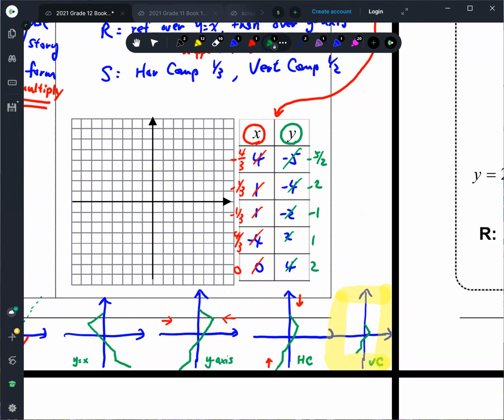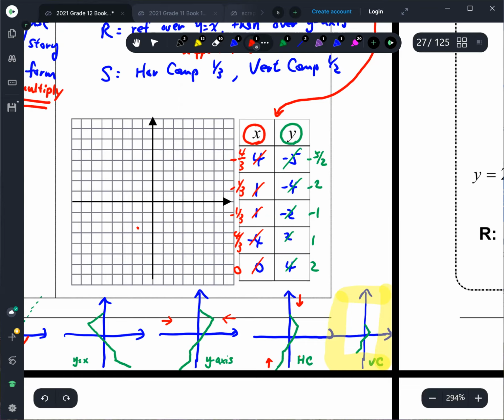All right, so please raise your hand when you finish the graph. -4/3, so a little bit bigger than -1, right? -2.5, so our first point should be somewhere around here. Just approximate, okay? Take your time, okay?